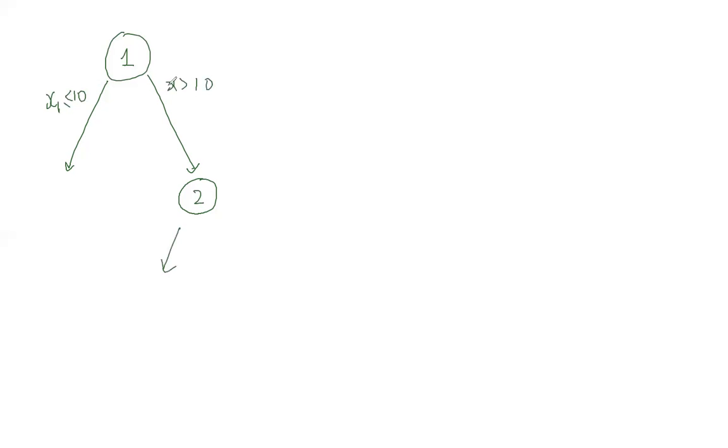And this one is some other variable, let's say x. It need not be x2, right? It could be something else, okay? 5, more than 5. Okay, so this one you classify as 1, classify as 0. This one maybe you classify as 1.